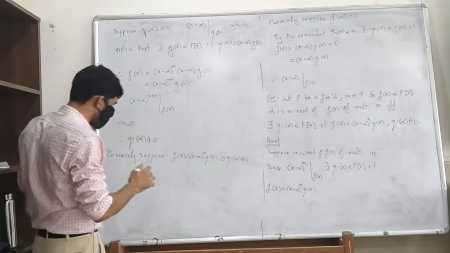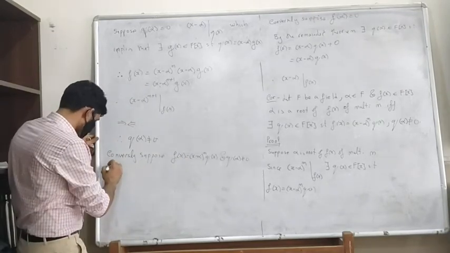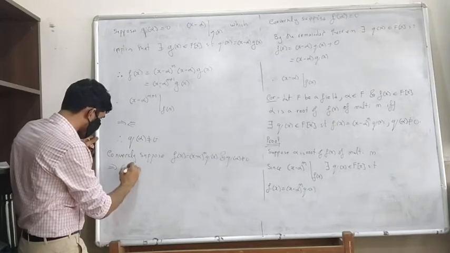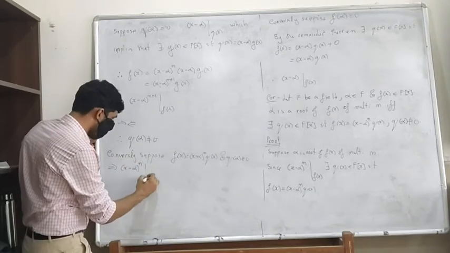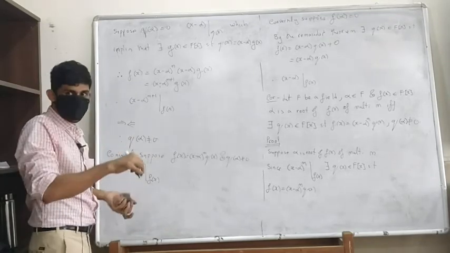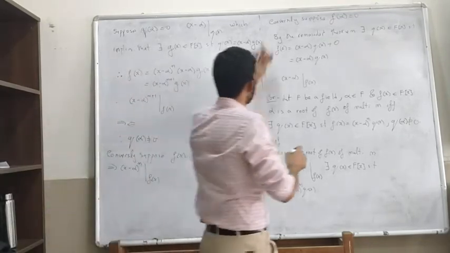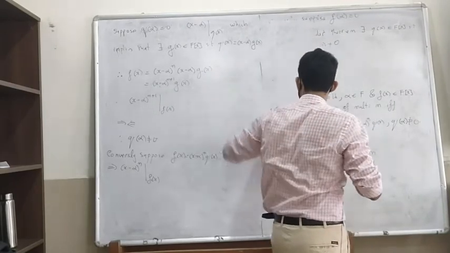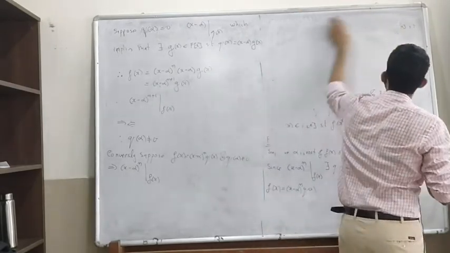Definition, just go by definition. So this will mean that x minus alpha raised to m divides f of x. We want to show that x minus alpha raised to m plus 1 does not divide it. Again, go by contradiction. So we assume that it divides and get a contradiction.